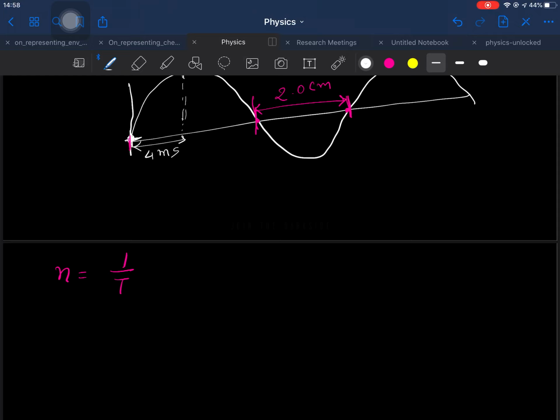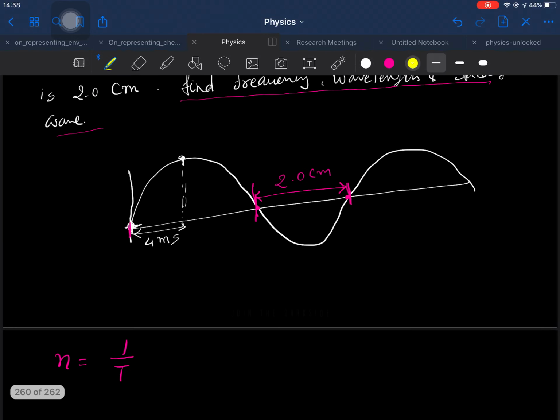We have just seen that to cover from here to here it takes 4 milliseconds. So it will take another 4 milliseconds to cover here to here, then another 4 to here, then another 4 to here.